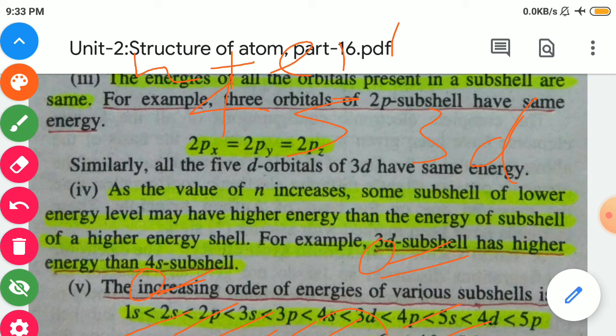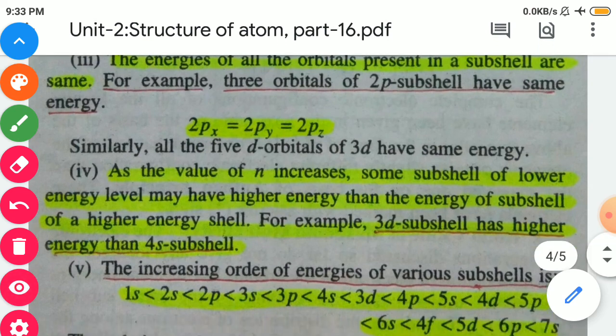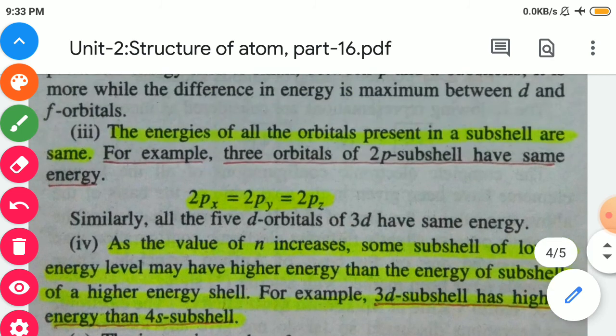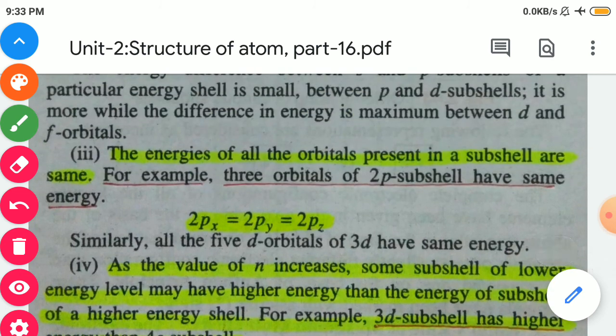So here, if we see the value of n plus l in the case of 4s and 3d: the n value in the case of 4s is 4, the s subshell has l value 0, so 4 plus 0 is equal to 4.